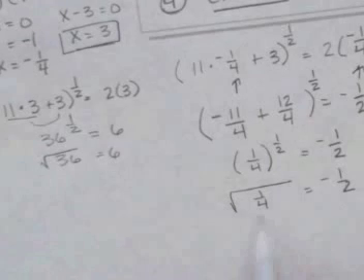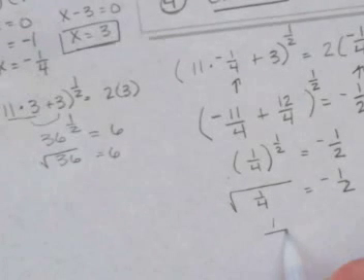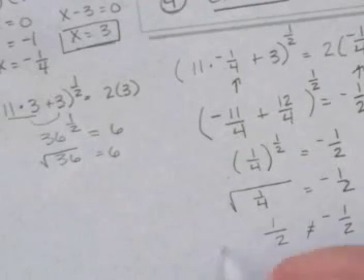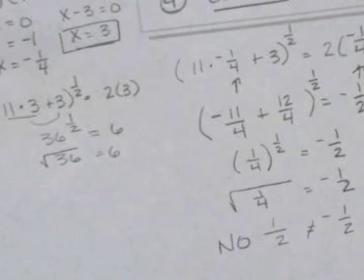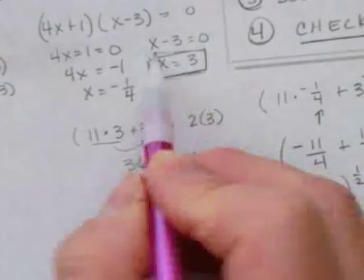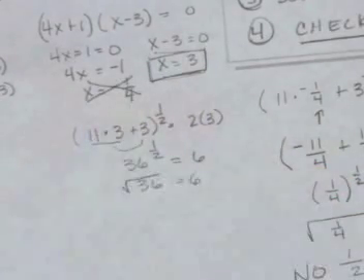And what I notice is the square root of 1/4 is 1/2. But on the right-hand side of this equation, what I have is negative 1/2. So this is not a true statement. So I would reject the answer of negative 1/4. And I would write simply x is equal to 3. That's not one of my answers.